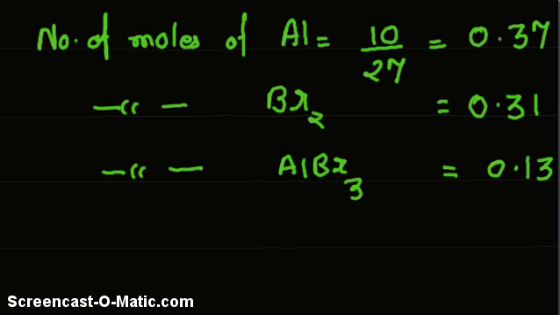Now we would use this information, the number of moles, to find the limiting reactant, the reactant which is fully consumed, and the other one that is not consumed, which is in excess.